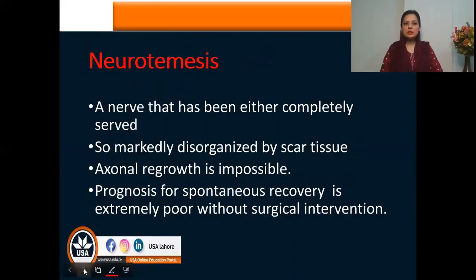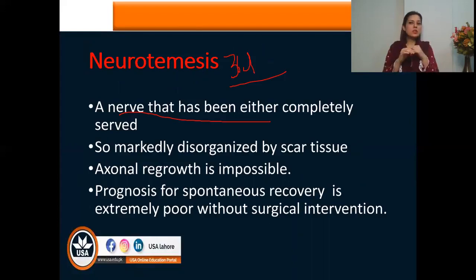So now neurotmesis, this is the third degree. The nerve has been completely injured, markedly disorganized with scar tissue, and axonal regrowth is not possible.